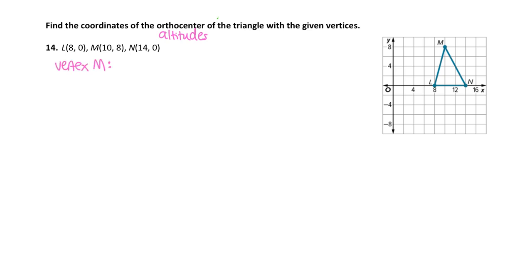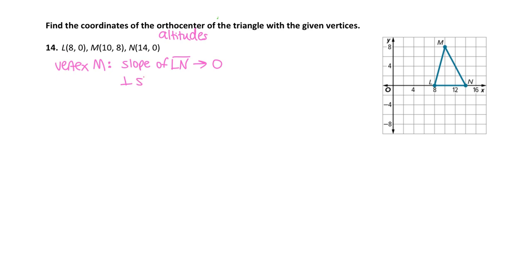And so what we need to do is we need to find the midpoint of the opposites, or sorry, no we don't. We need to find the perpendicular slope. So we need the slope of the opposite side first, so slope of LN, and that's going to be easy. It's just 0.